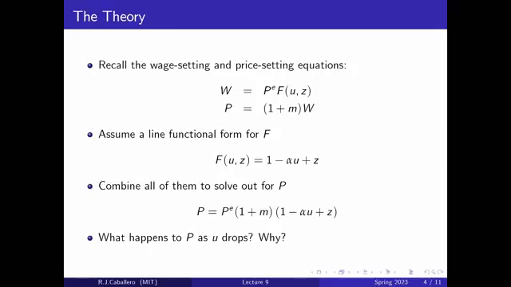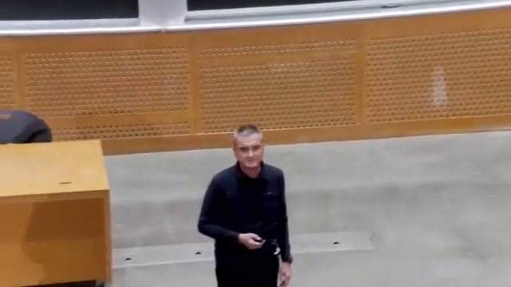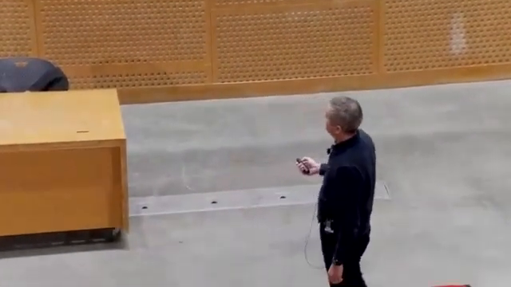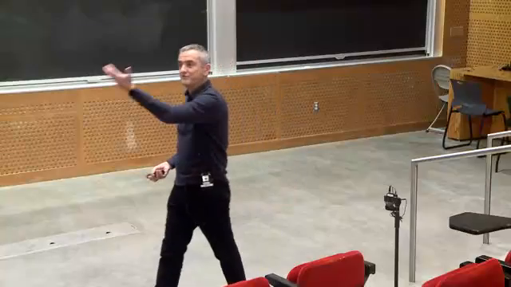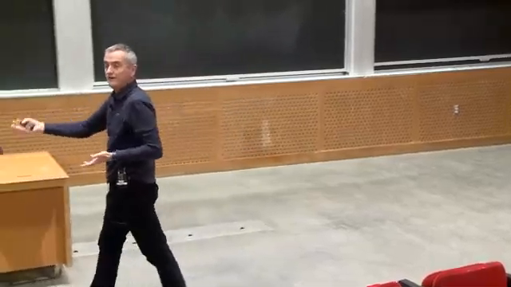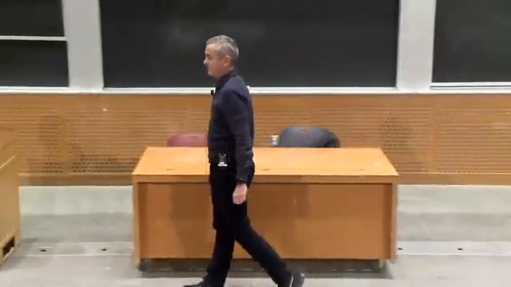Why is it decreasing in unemployment? This says that if unemployment goes up, for any given expected price, wage demand is lower. And that's essentially because for the worker, becoming unemployed is a scary situation. Conversely, for firms, it's easier to find a worker.